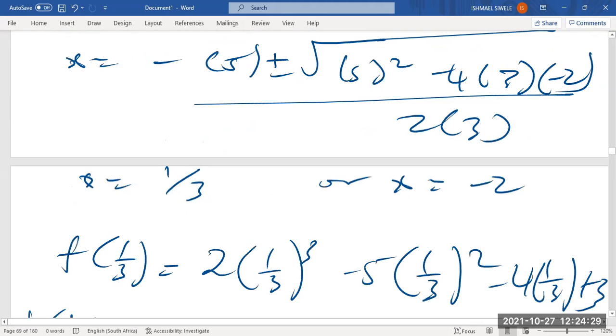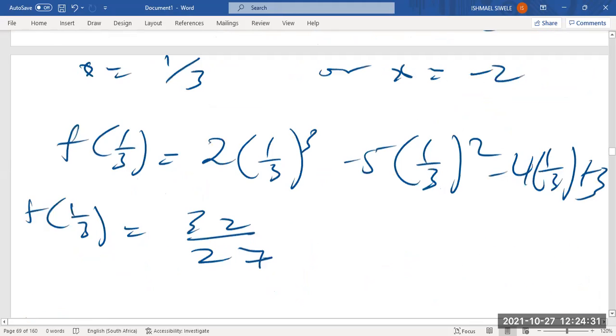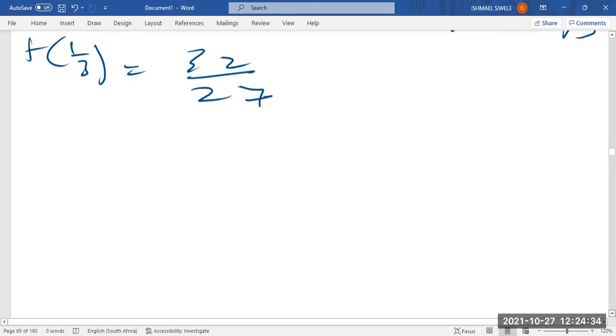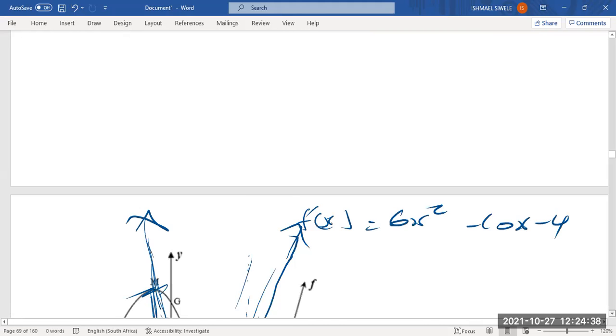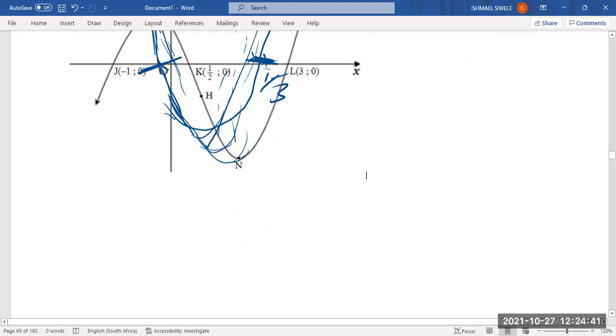The other one is -2, right? So on this side we have -2.